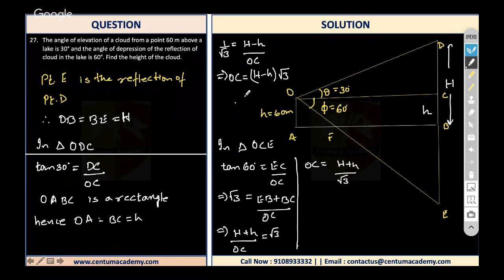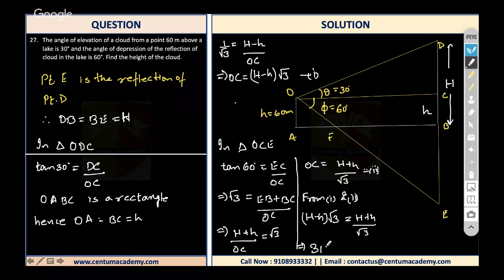Now from 1 and 2 you can equate both these. Both are equal to OC. So from 1 and 2, you can write root 3 times (H minus h) is equal to (H plus h) by root 3. Now it boils down to only simplification. Root 3 into root 3 is 3.